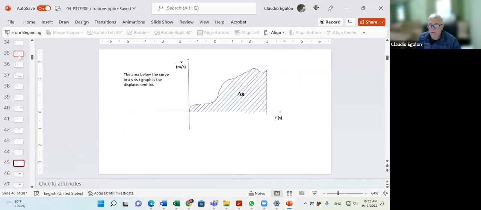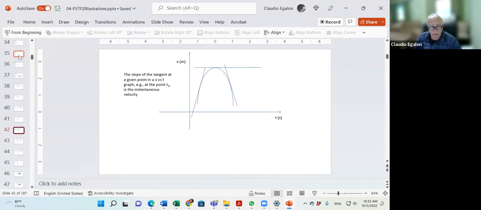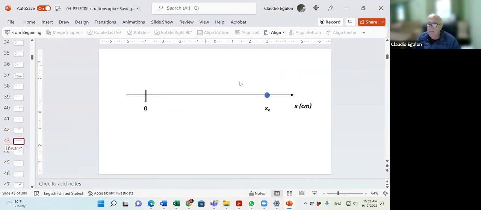If I were to run a movie for this graph, our particle would start somewhere around here, nearby the origin of the x-axis, with a given velocity, and little by little it should slow down.